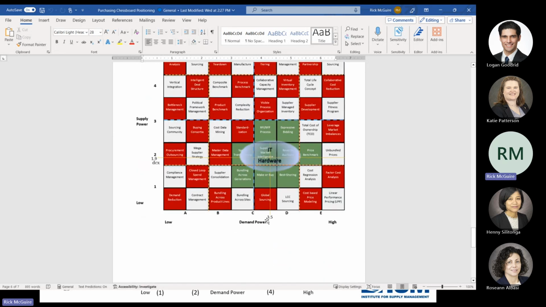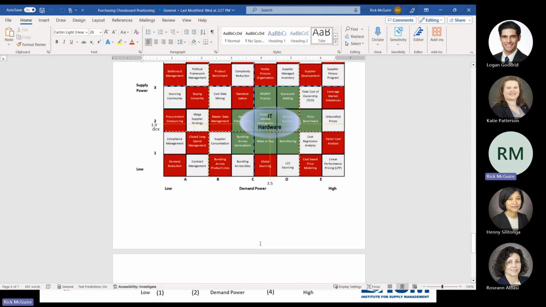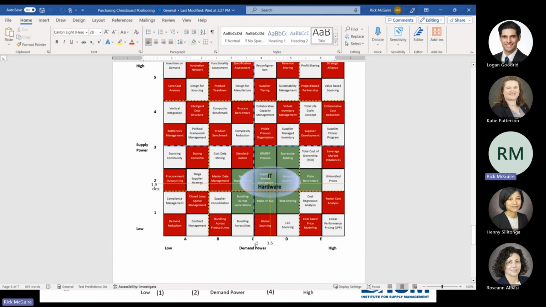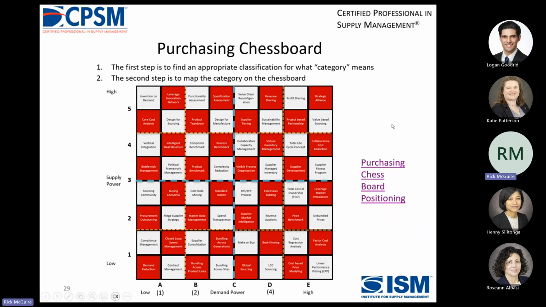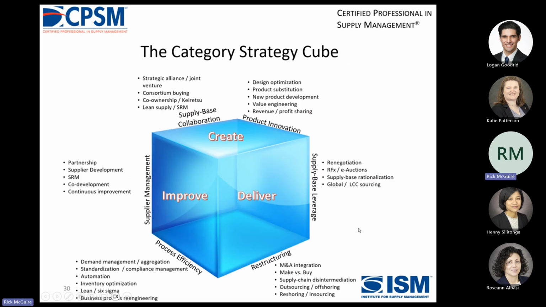Then you go down here, 3.5 this way and 1.9, and it puts you in this area. You look at all of these strategies in the green and pick one of those. This one is trying to be very detailed about how you work the relationship. To really understand it more, you've got to buy his book, but it's an interesting approach.